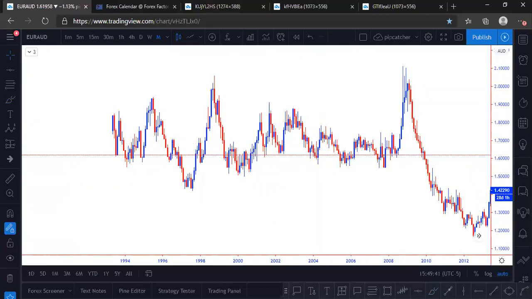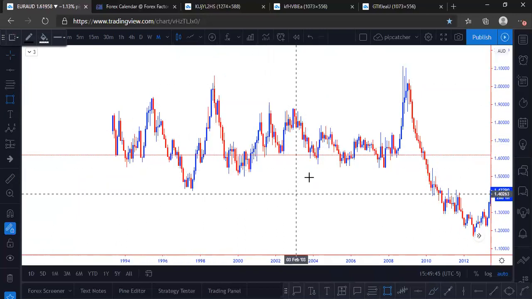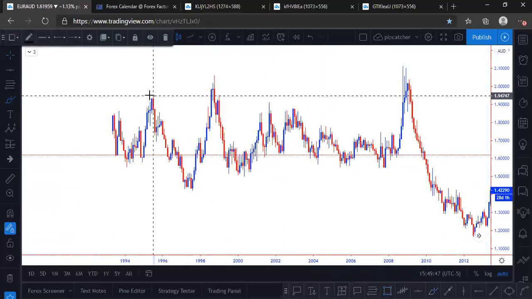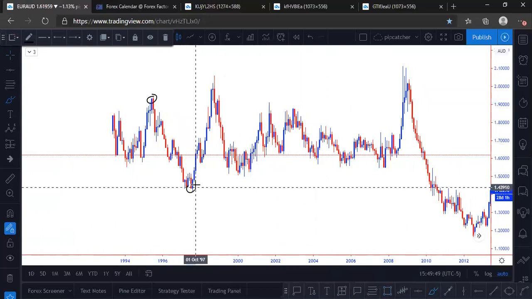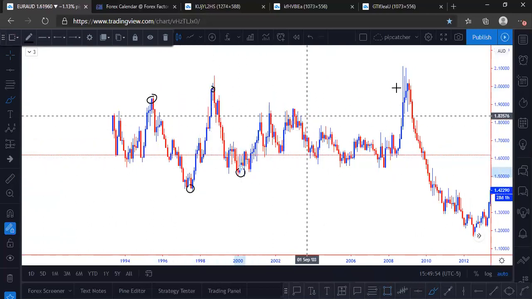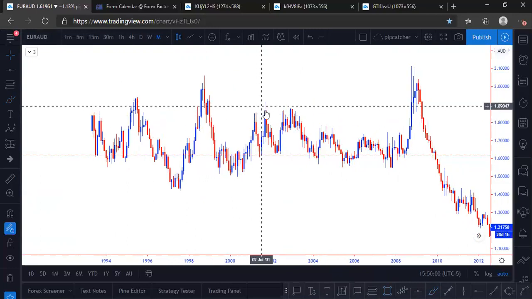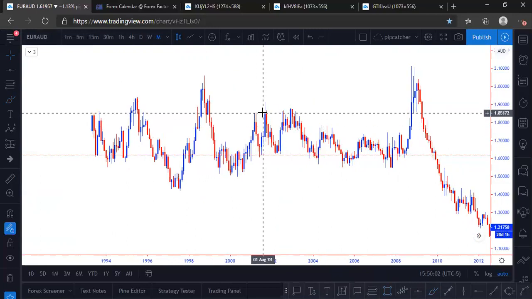But anyway, we're going to look at major reversal points, right? Like this area, this area up here, down here. You get it, points that have turned around in the market. So let's look at this one right here.